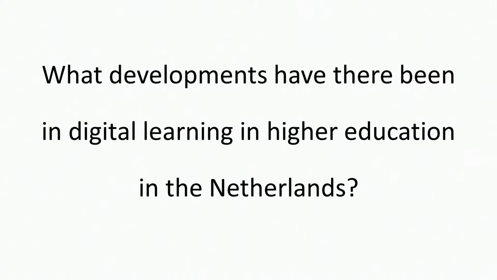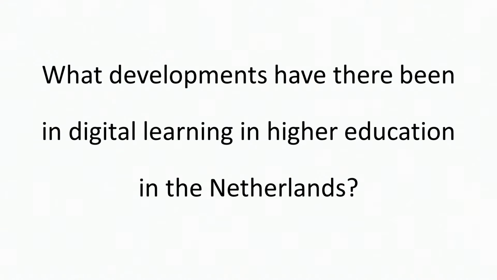Finally, it's worth knowing how to devise smart search terms if what you're looking for is quite vague. What you need to do is divide the search question into different elements, the aspects of your question that must all occur in the search results. Imagine you are trying to answer the question, what developments have there been in digital learning in higher education in the Netherlands?